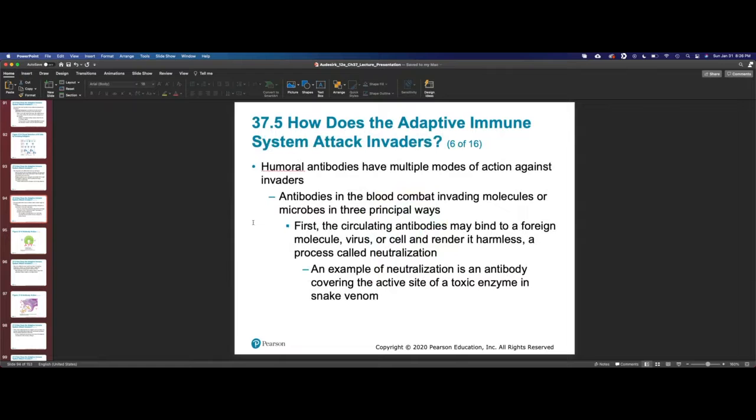And so, continuing with antibodies, the first step, circulating antibodies bind to a foreign molecule, that can be a virus, and if it's then able to render it harmless through simply binding to it, it's called neutralization.